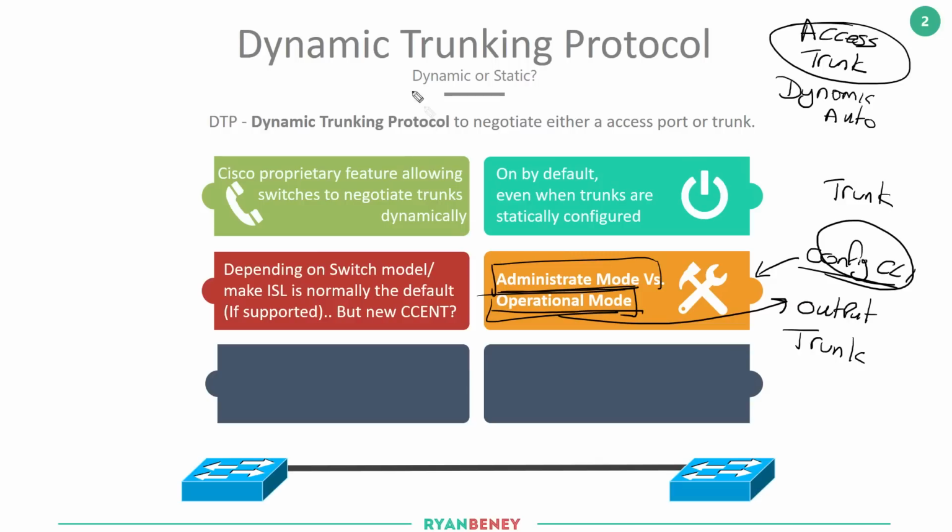And this is why DTP is confusing to some, because they forget what needs to be configured at each end in order to form a trunk, and which combination of modes actually achieve the goal they want.